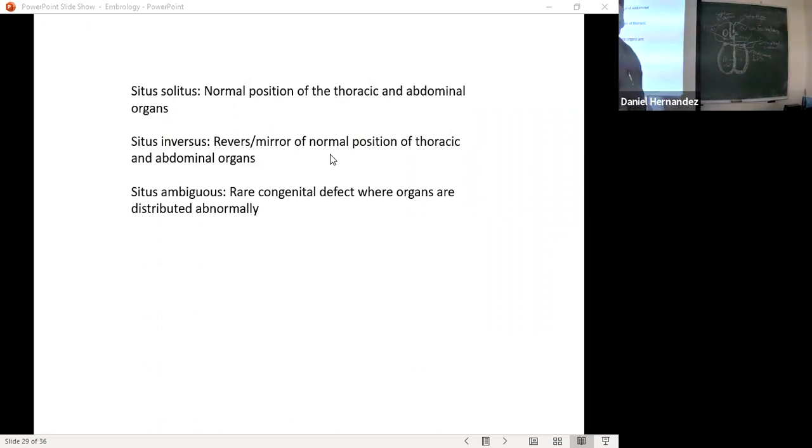Here again, situs inversus is just a mirror image of what our normal anatomic orientation should be.